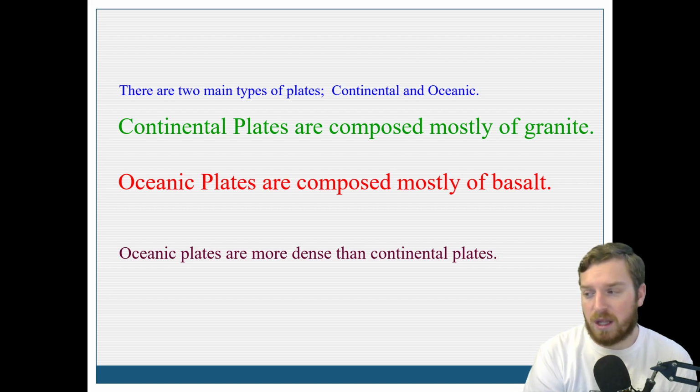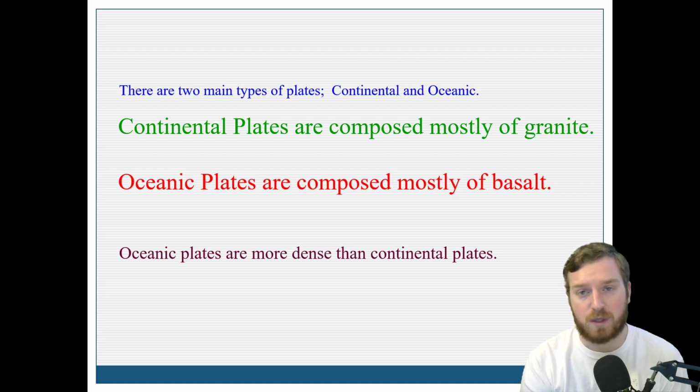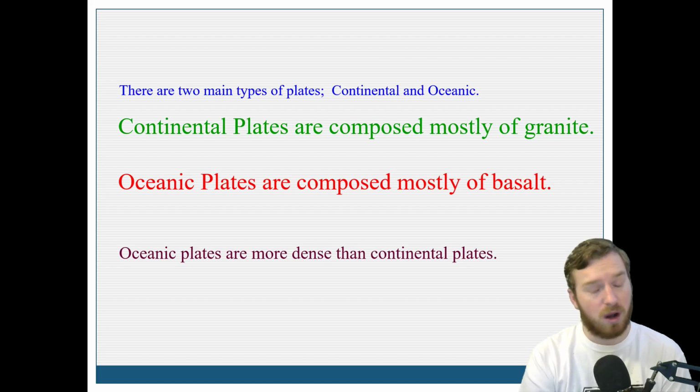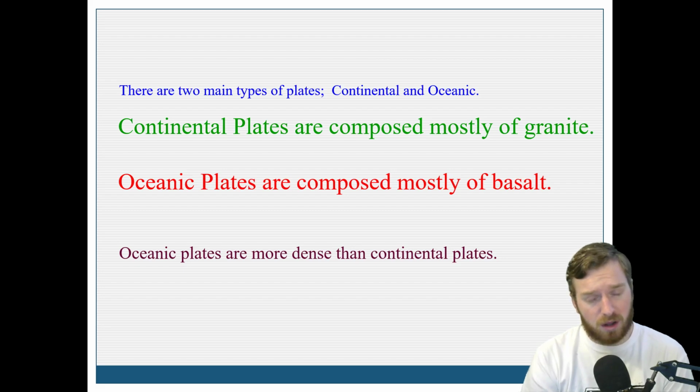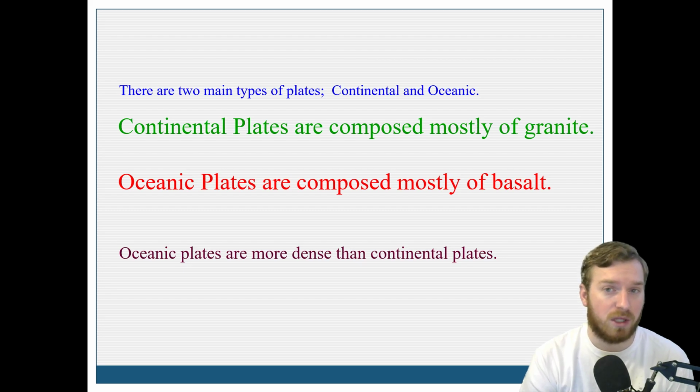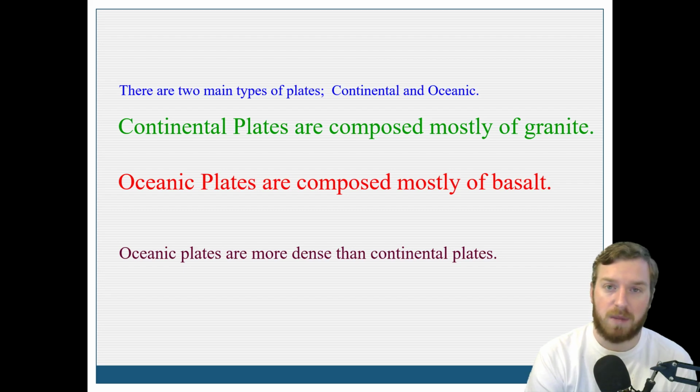The only thing that I wanted to talk about beforehand, I forgot this slide, is that the density of plates is actually varying between what type of plates they are. We call all of the large plates two types, either continental or oceanic. Obviously, continental plates are the ones that make up the continents.